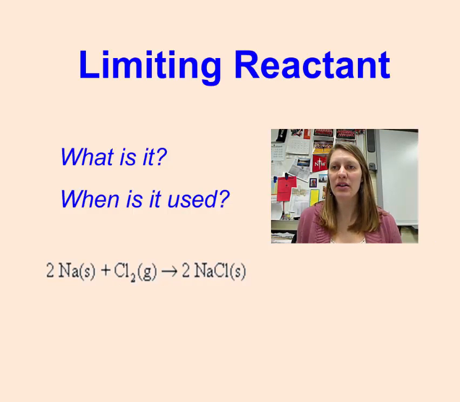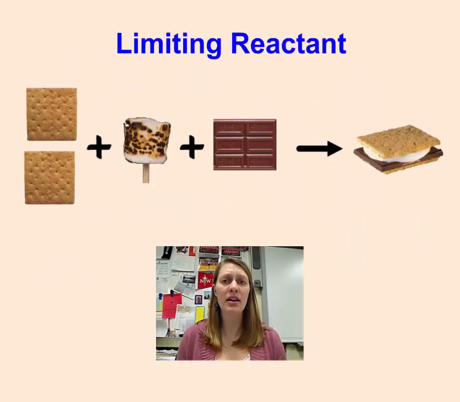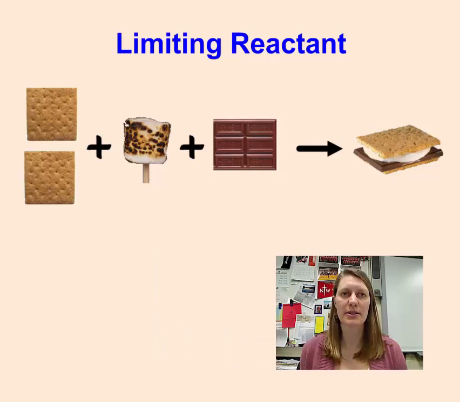So if we compare this to just making s'mores, we'll think summer here. And if you roast a marshmallow and you want 2 graham crackers, 1 marshmallow, and one of the chunks of chocolate in there to make your s'more, you want to know how much of each of the reactants you need to make your final product.